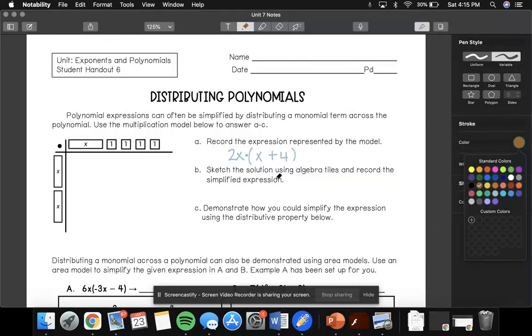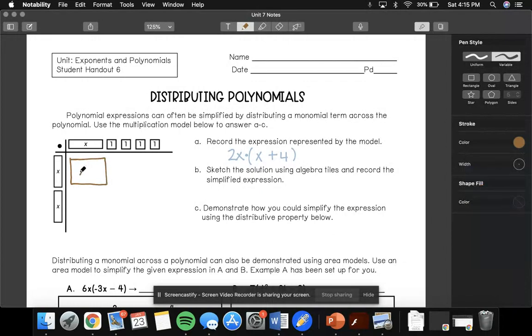Now we're going to sketch a solution using some algebra tiles. If we have x times x, that would create a square. If we have an x times another x, that also makes a square.